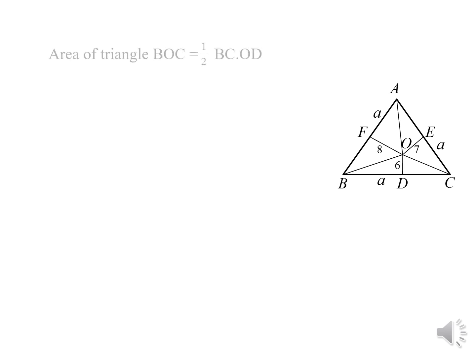Now area of triangle BOC is equal to half into base into height. That means half into base BC and height OD. So half into BC into OD is equal to half into a into 6, that is, area of triangle BOC becomes 3a square centimeter.